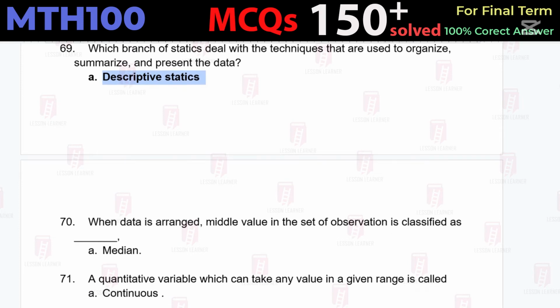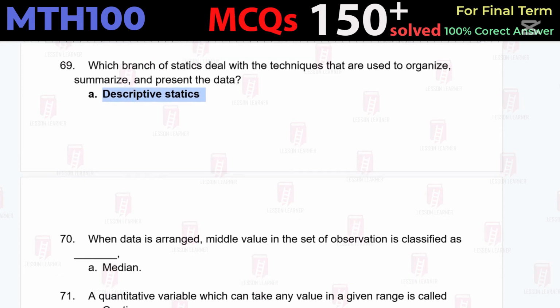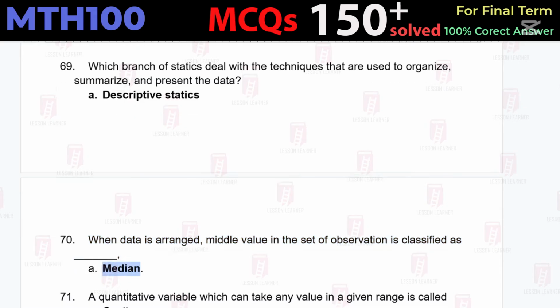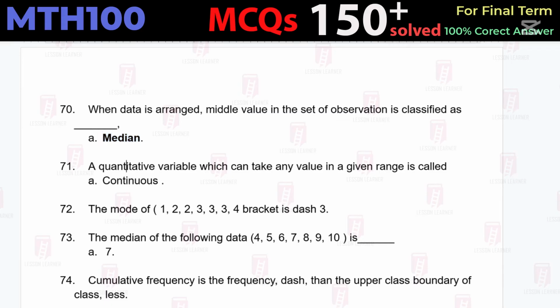When data is arranged, the middle value in the set of observations is classified as median. A quantitative variable which can take any value in a given range is called continuous.